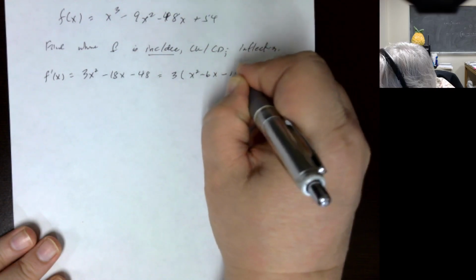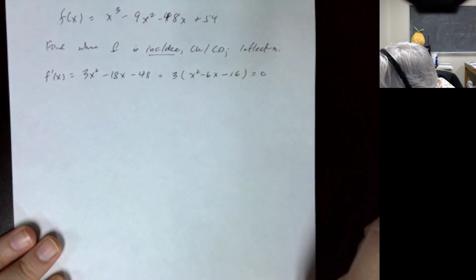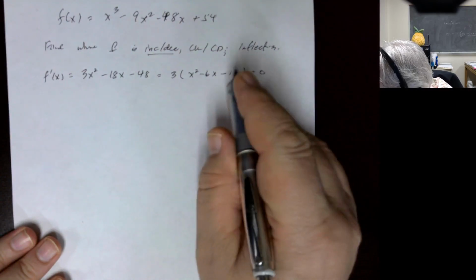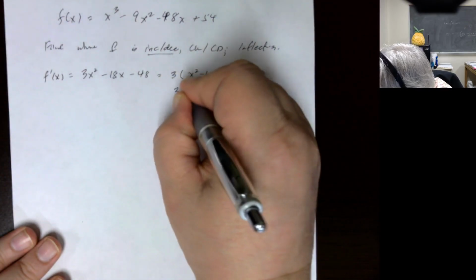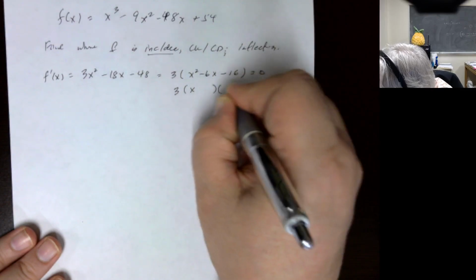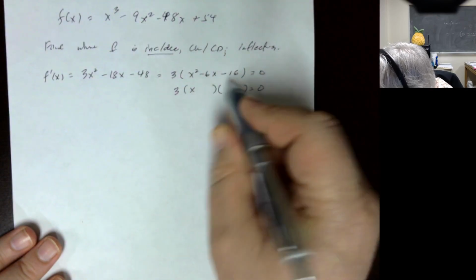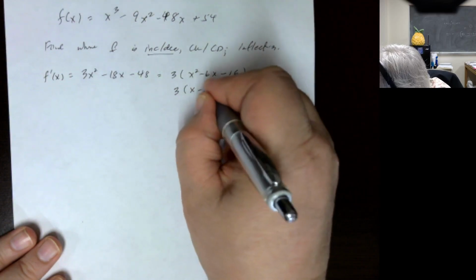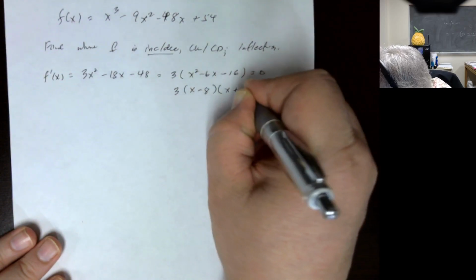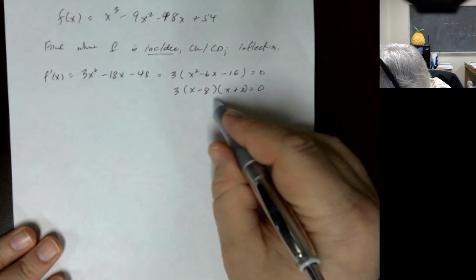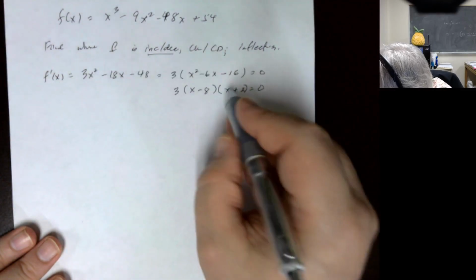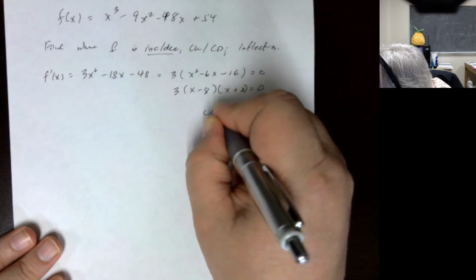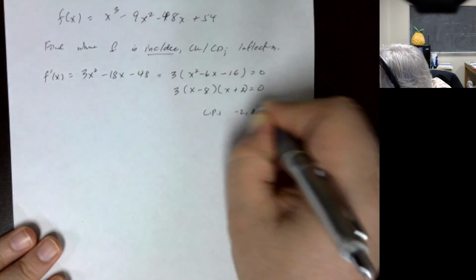The factors of 16 are 8 and 2, right? So factored, this becomes 3 times (x minus 8)(x plus 2). Therefore the zeros of the derivative are at negative 2 and 8. So critical points are negative 2 and 8.